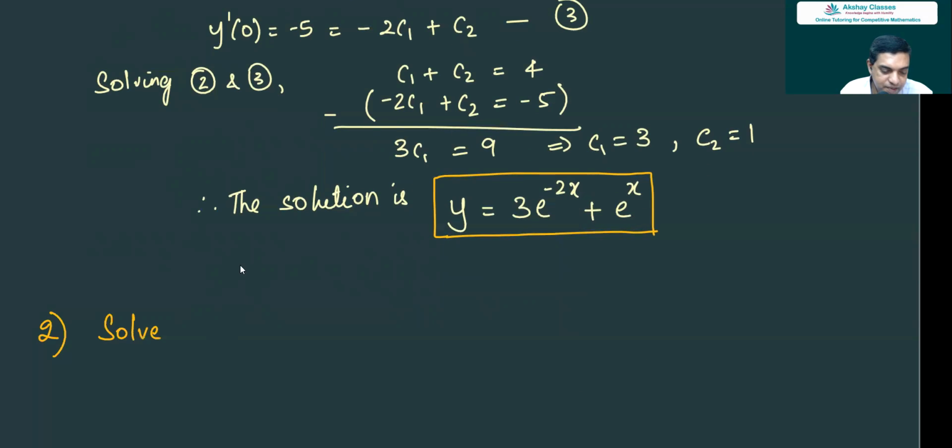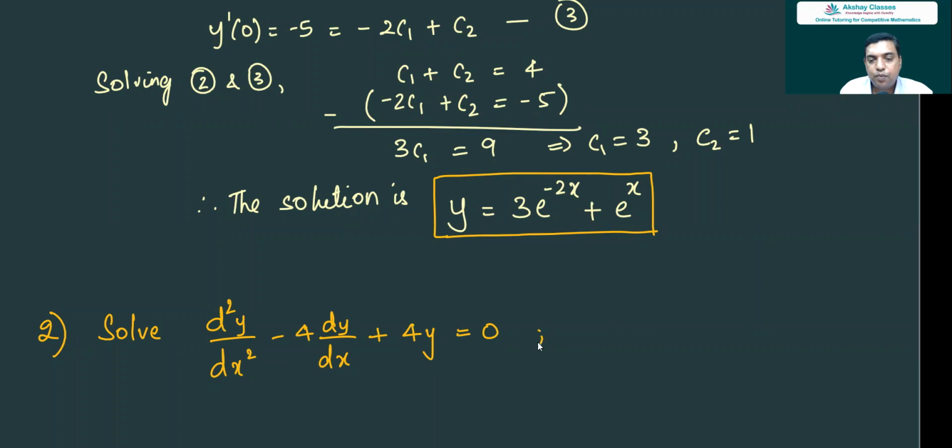Solve d square y by dx square minus 4 dy by dx plus 4y equal to 0, where given is y of 0 is 3 and y dash 0 is 1.